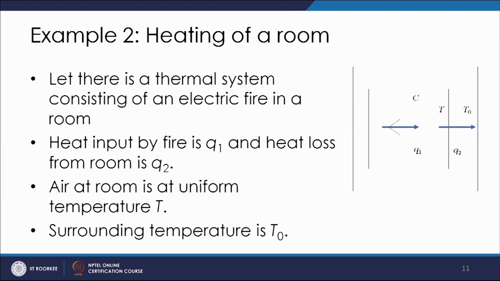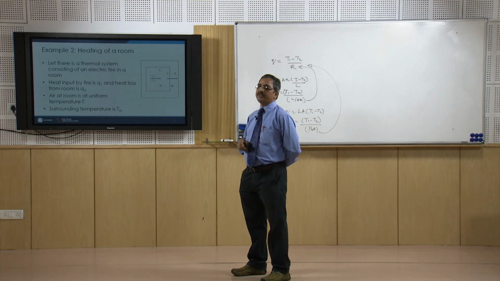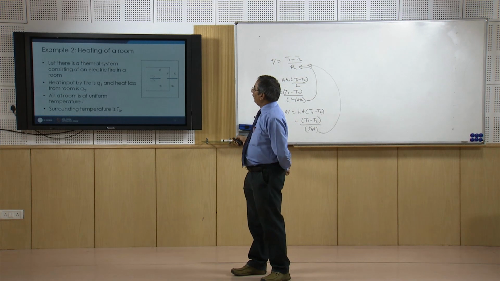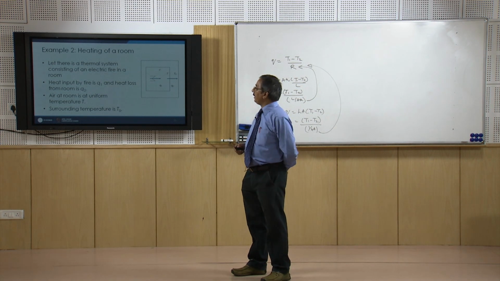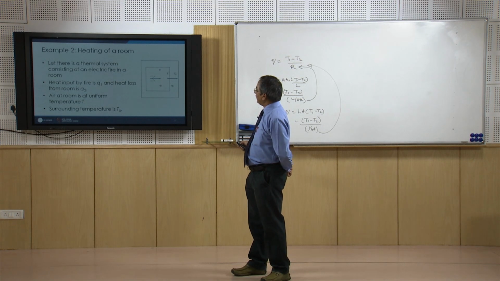Now, from this room to the other side through the wall there is heat transfer Q2, and say the surrounding temperature is T0. Then we can write the expressions here.